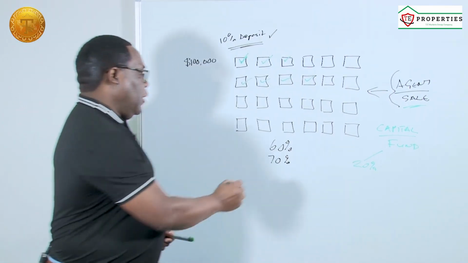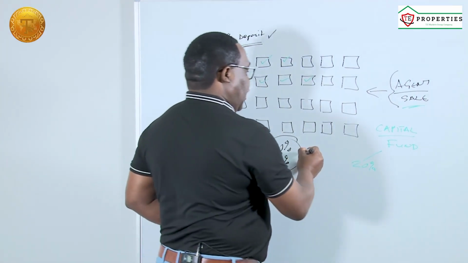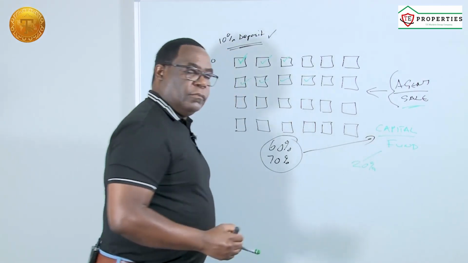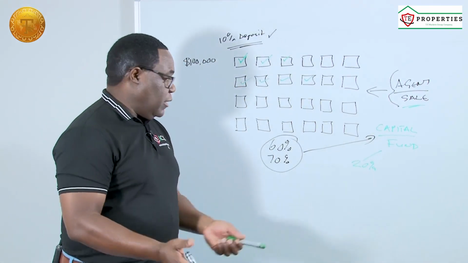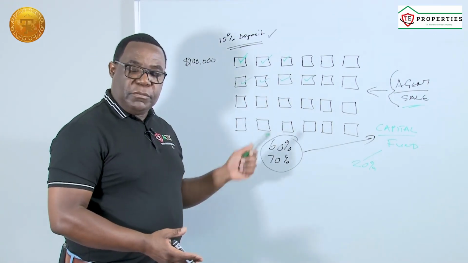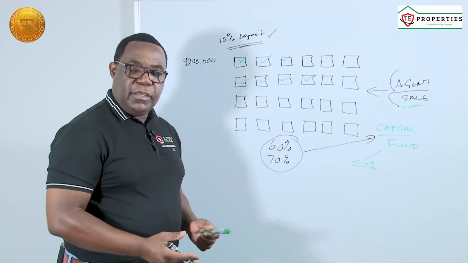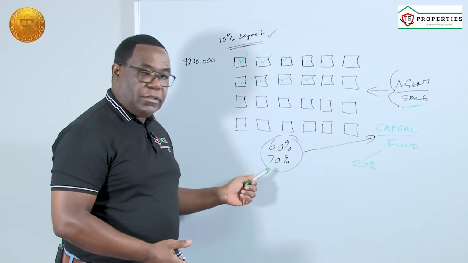Okay? And so if they sell that, they can then go to a bank, all right, and show the bank or a funding institution that, hey, you know what, we've got this project, we've done sales, our sales have taken off, and we've already done 60, 70% of the sales.